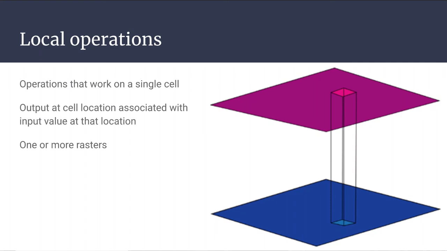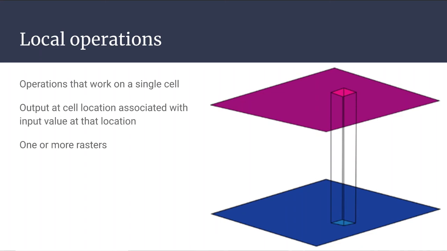So these local operations that you carry out using raster calculator or via specific tools are categorized or known as cell-by-cell operations. They're operations that work within a single cell. They use some operation or operator, according to the raster calculator on the last slide, to transform the value of a raster cell into a different output value.